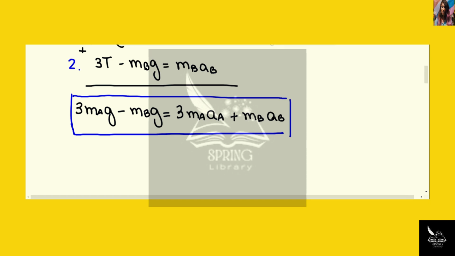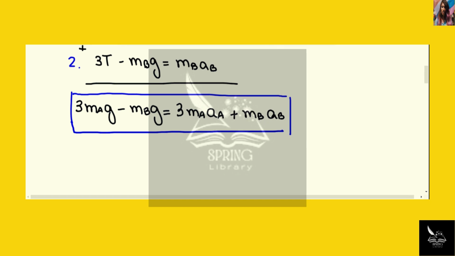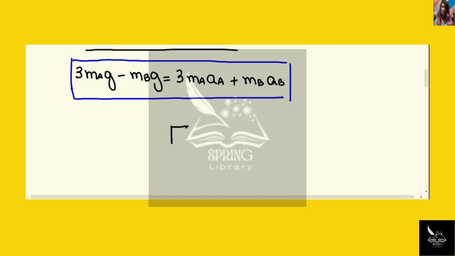Also, notice that when block A drops a certain distance, which I'm going to call delta XA, block B is raised a certain distance, which I'm going to call delta XB.